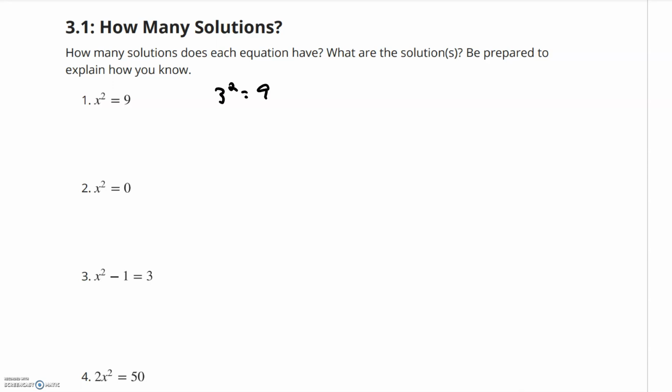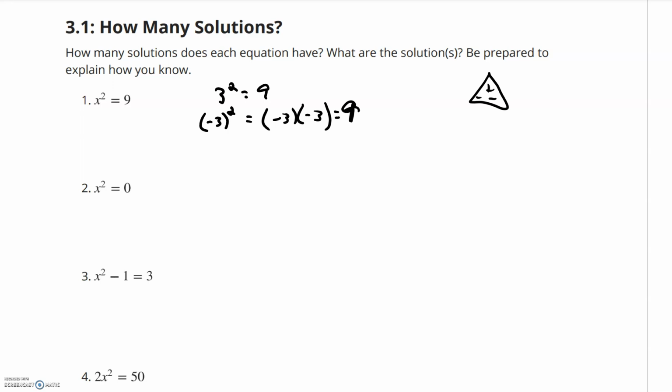But one that many students overlook is negative 3. If I square negative 3, negative 3 times negative 3, which is what squaring is, remember our little triangle here, a negative times a negative is going to equal a positive. So this is also positive 9.